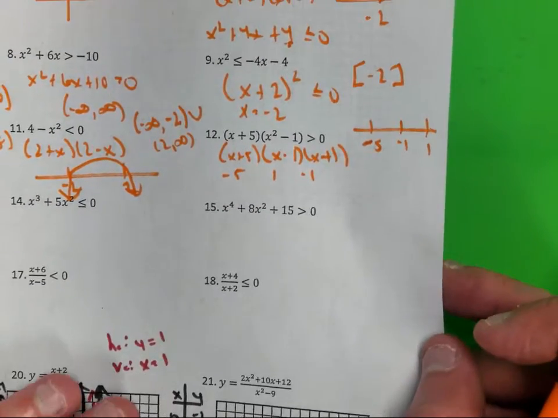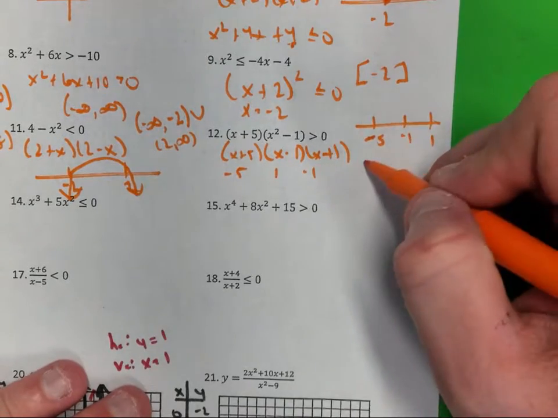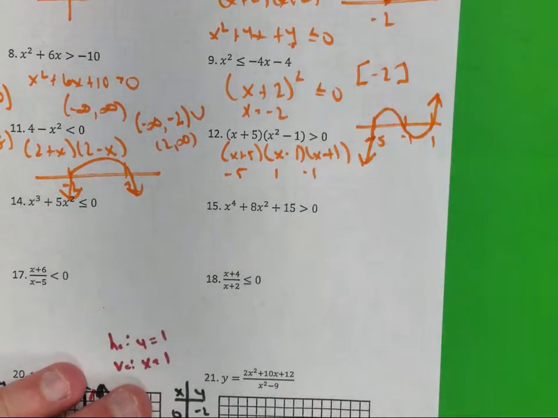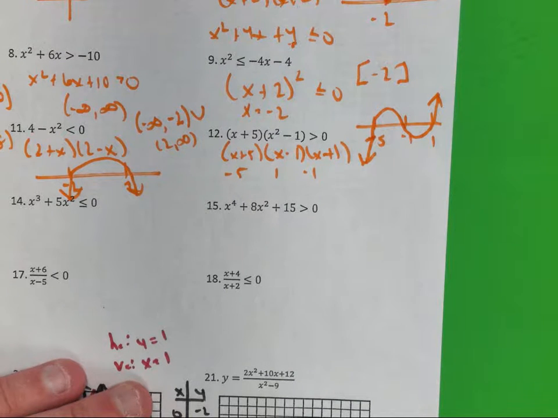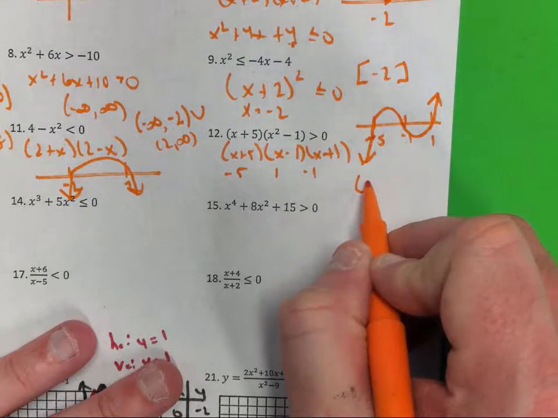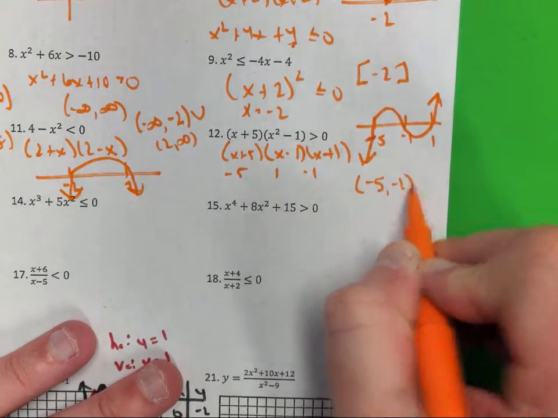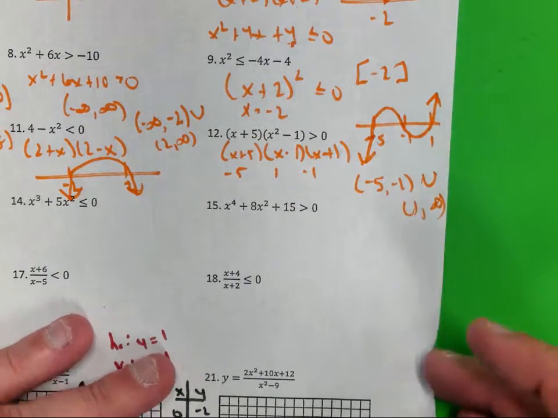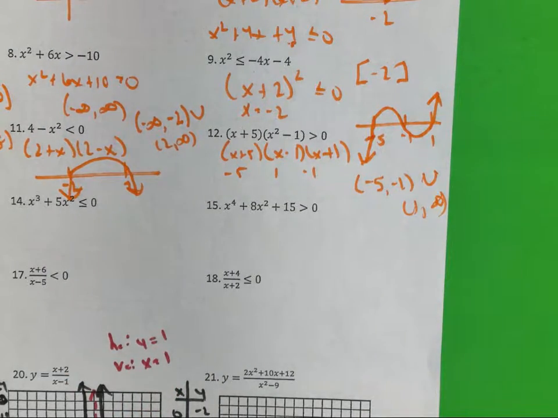Positive. Do I have any multiplicity to worry about? No. Notice greater than 0. Where's it greater than 0 at? Do I need to put parentheses or bracket? Negative 5 to negative 1, union 1 to infinity.